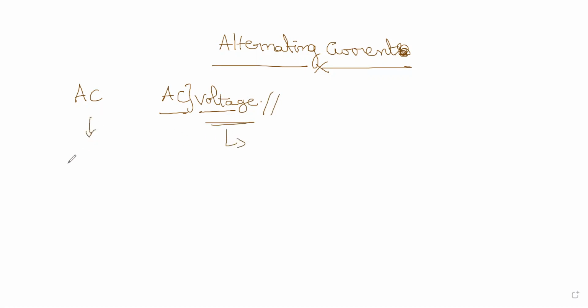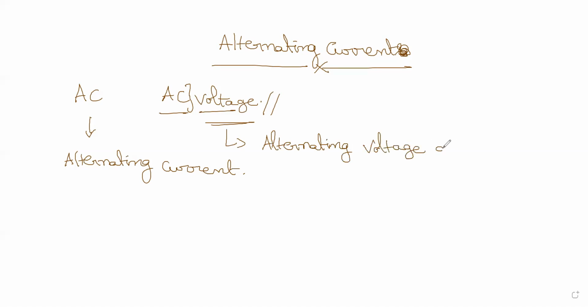One is alternating current. The other one is alternating voltage associated with the alternating current.